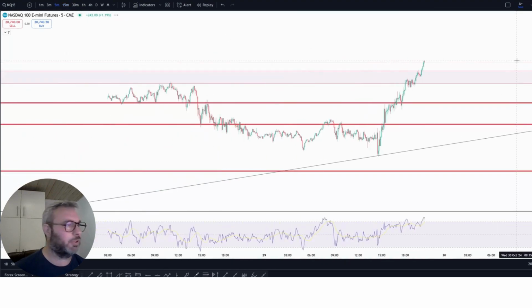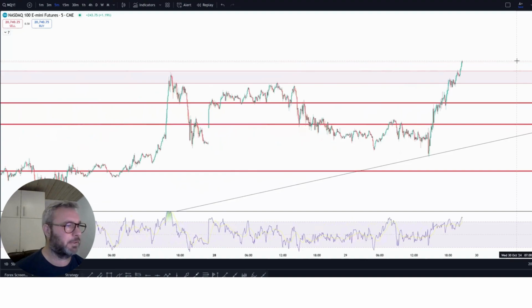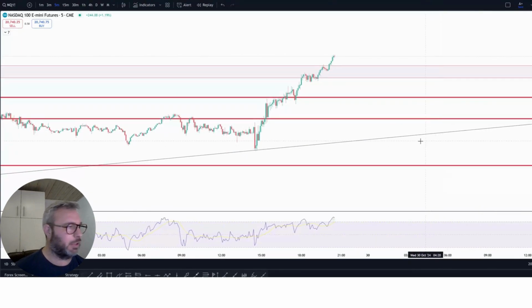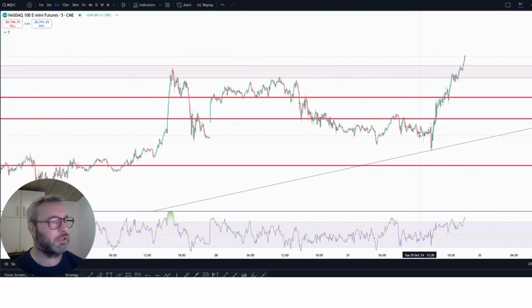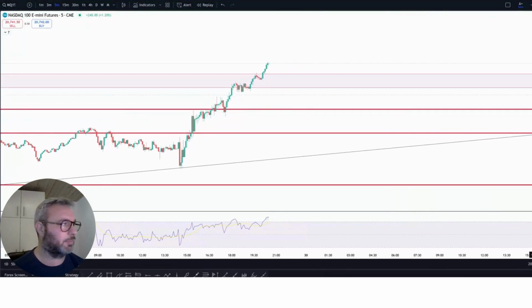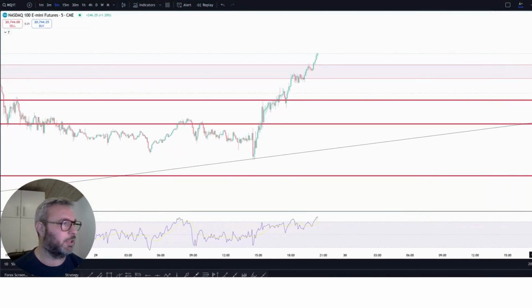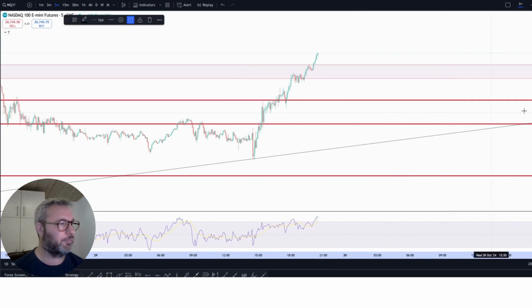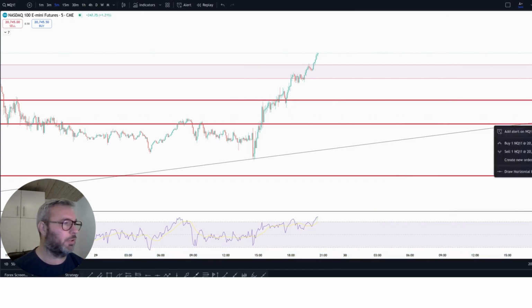Down to 5 minutes. Yeah. So let's see. So it is pretty basic. I'll put an alert here. Move those down here. I'll put an alert on the trend line. And I'll put an alert down here.